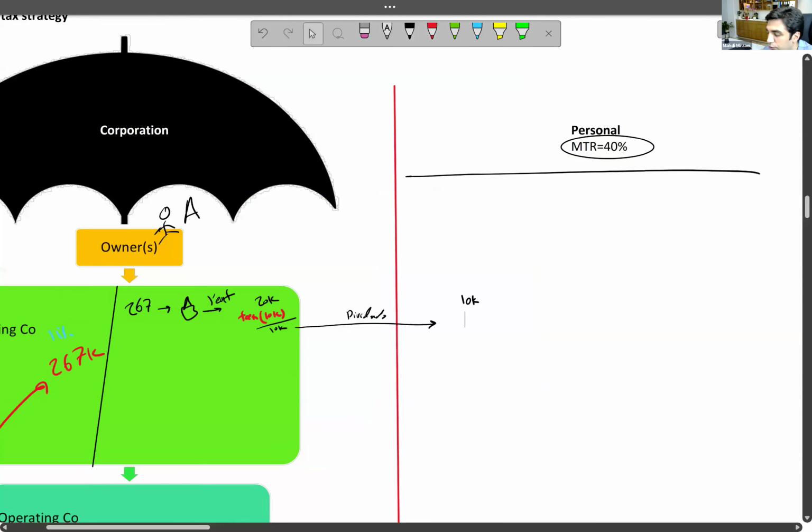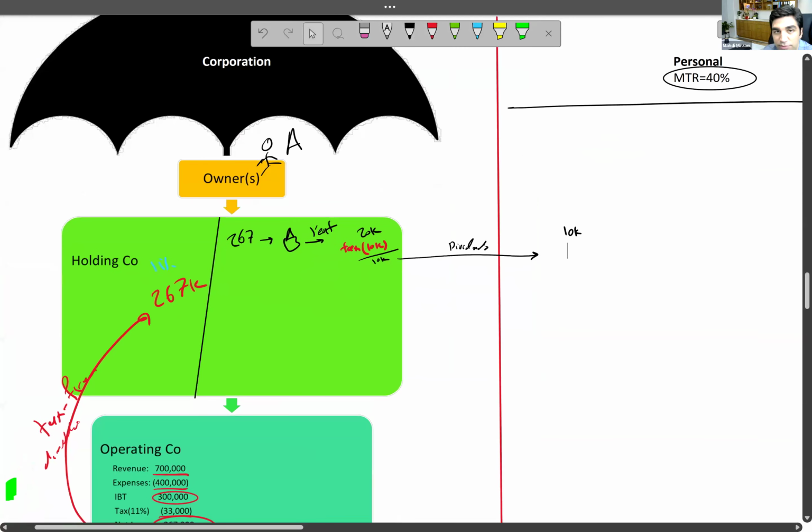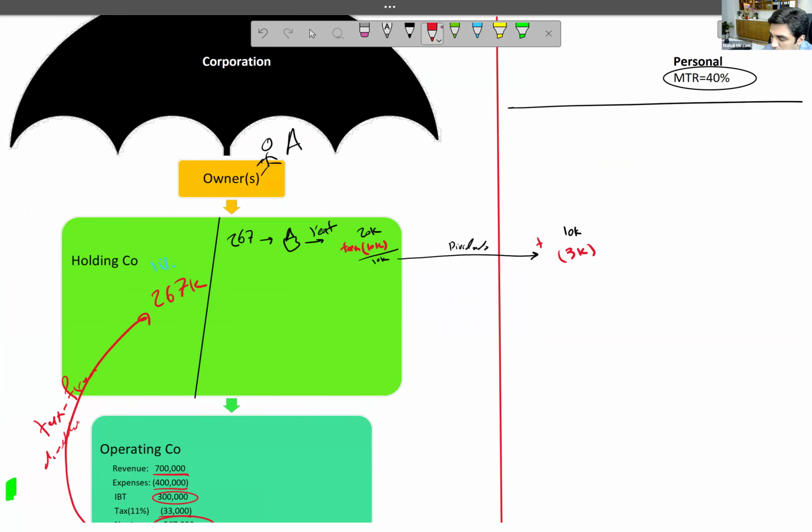Personal tax technically it should be 40%, which is $4,000. But in this case, they're going to pay about $3,000 tax. I'm not going to explain all the details of that one. So he's left with how much? $7,000 in his pocket. Okay?